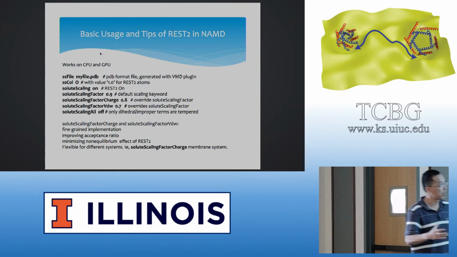In that case, you can just keep the van der Waals scaling at 1.0. That means keep the van der Waals interaction, but scale the electrostatic interactions of all polar groups. In that case, even if you have a very big membrane system, you can still achieve very good acceptance ratios and get enhanced sampling.